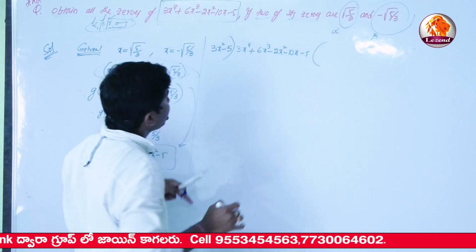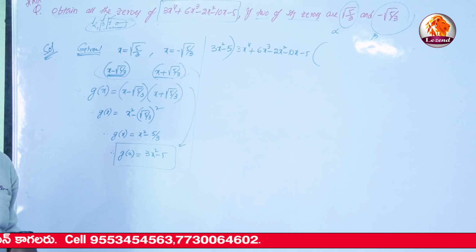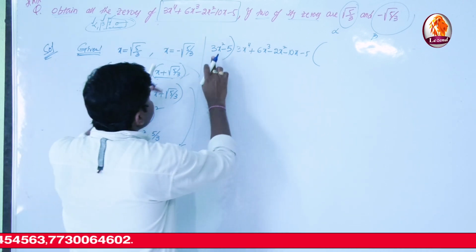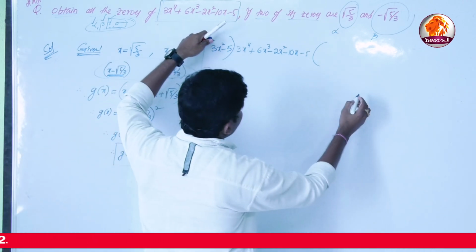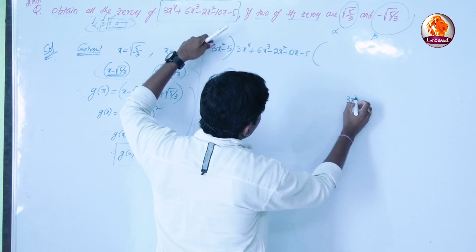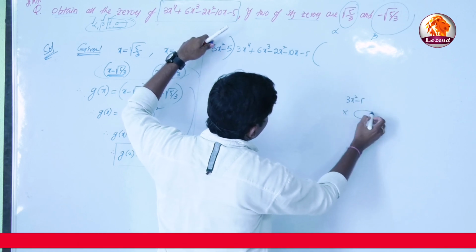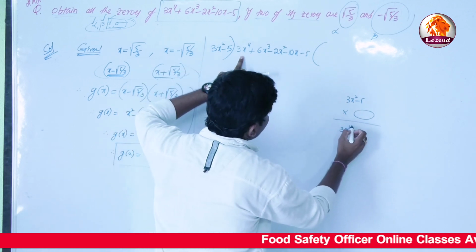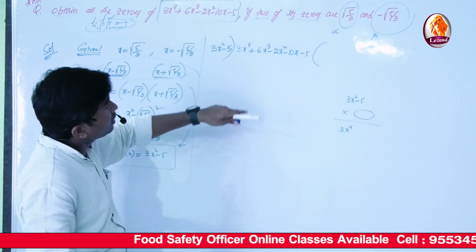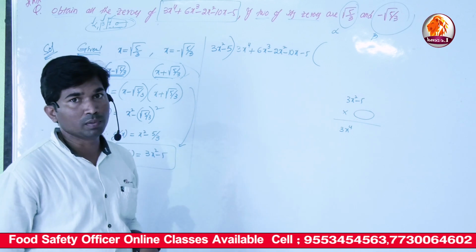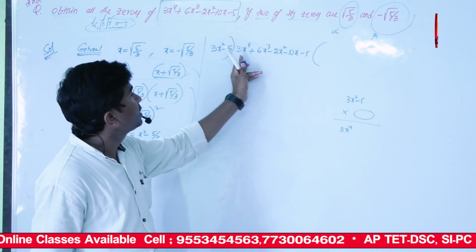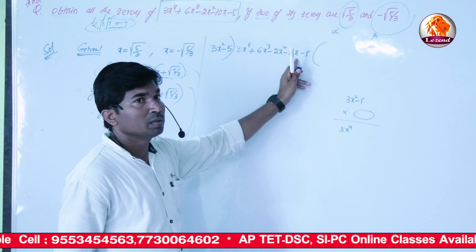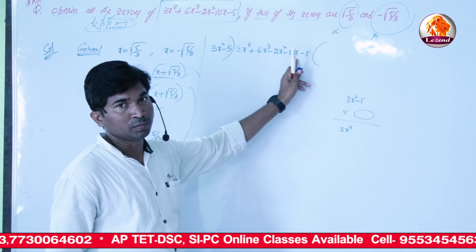We use the long division process. Here 3x power 4 is there, so in rough work, 3x square minus 5 into dash, the target is 3x power 4. If you observe the biquadratic polynomial, no term is missing in the given polynomial. It is in the standard form of the BQP, so no need to change it.